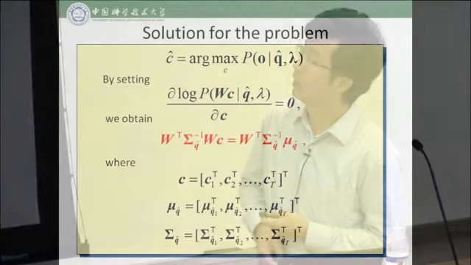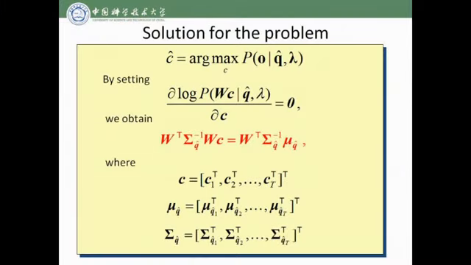If we look at a whole sentence, we can see that the complete acoustic feature sequence O can be considered as a linear transform from the static feature sequence C with the transform matrix W, which is determined by how we define the dynamic features. Then we can rewrite our parameter generation criterion in this way.